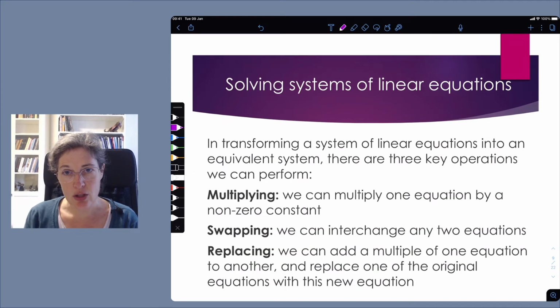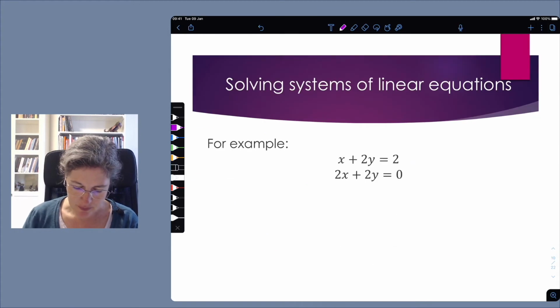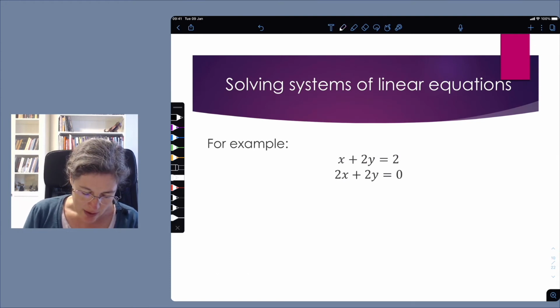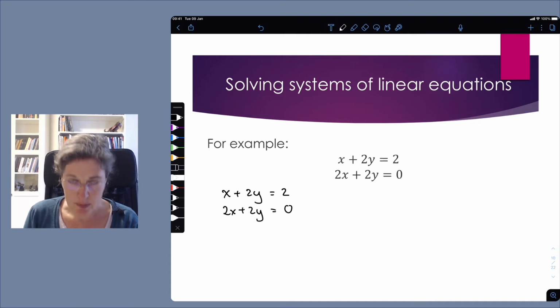Okay, so we're going to use these 3 techniques for transforming our system to get us from a system where we can't read off stuff to a system where we can read off stuff. Let me do an example. Okay, so I've got x plus 2y is equal to 2 and 2x plus 2y is equal to 0.